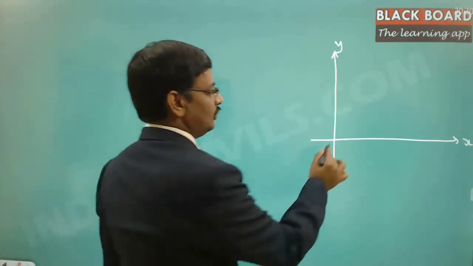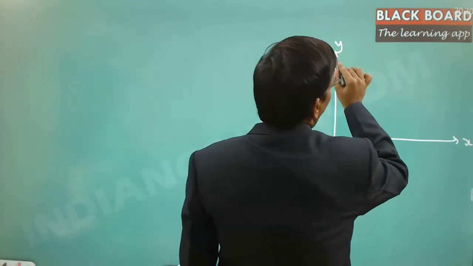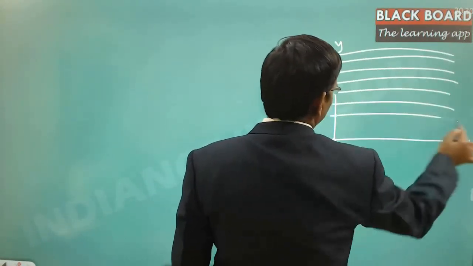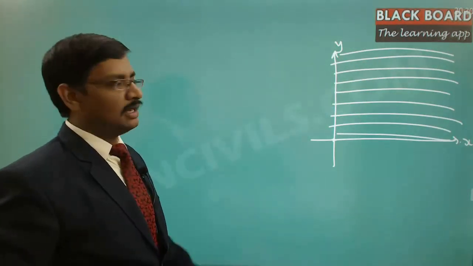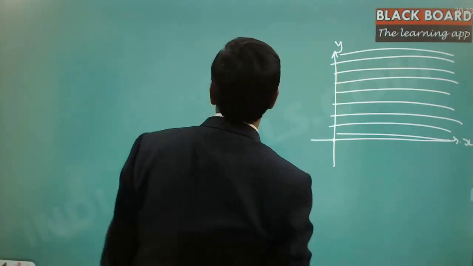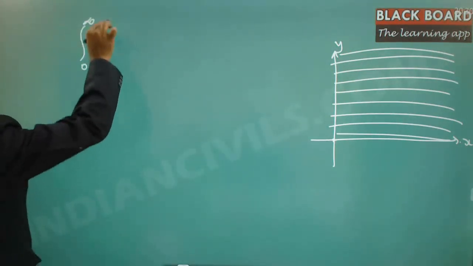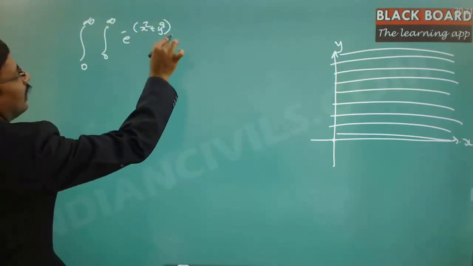X varies from 0 to infinity and y also varies from 0 to infinity, so the entire first quadrant is the area we are going to identify. The integral value is 0 to infinity of e power minus of x square plus y square, dx dy.